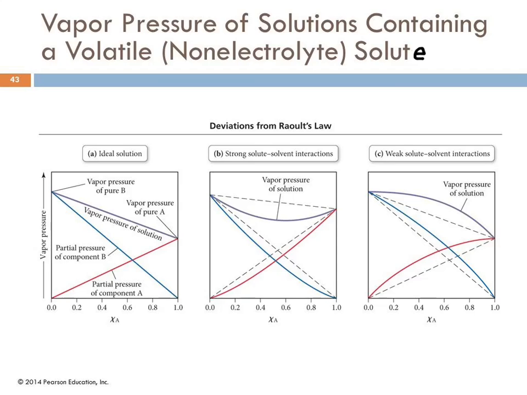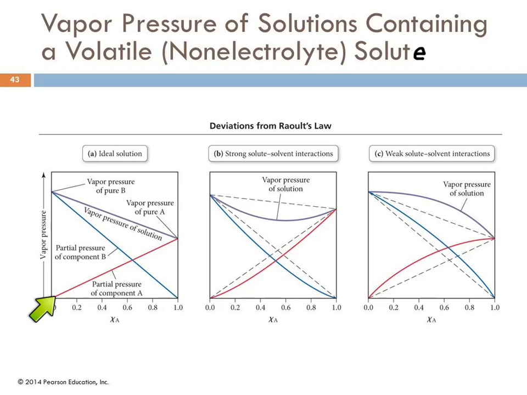So here are some graphs. What do these mean? Let's look at this one. This is an ideal solution. And so we're graphing the partial pressure of component A in red and the partial pressure of component B in blue. And this is the mole fraction of A. So 0 to 1.